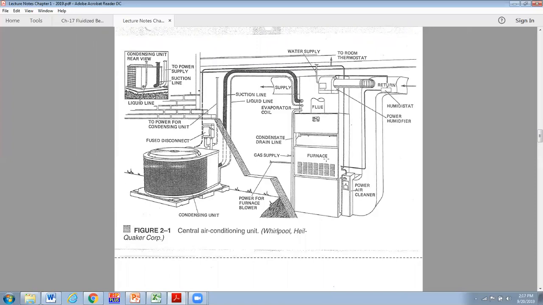If it's natural gas, it has a furnace section. It may have filtration involved. Here we're showing a power air cleaner. This shows a humidifier. In the wintertime, spaces want to dry out because the ambient air outside is so dry that the moisture wants to dissipate from inside to outside.